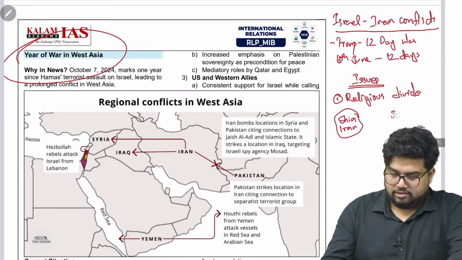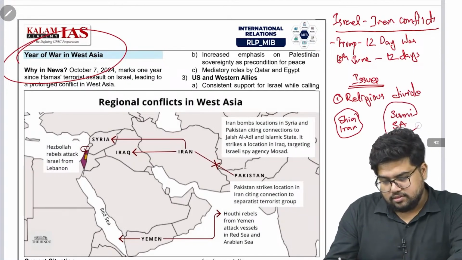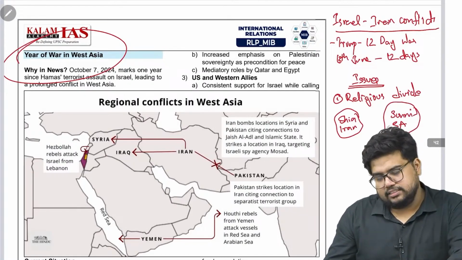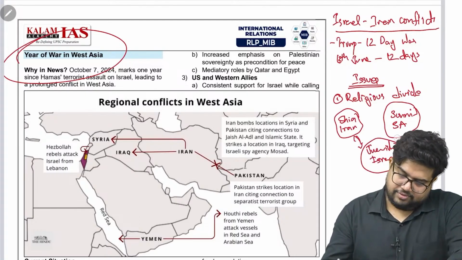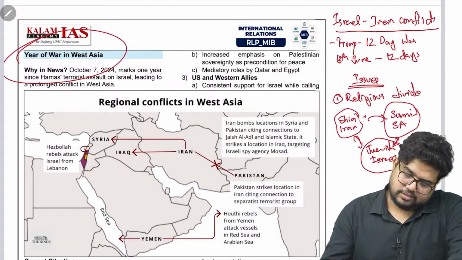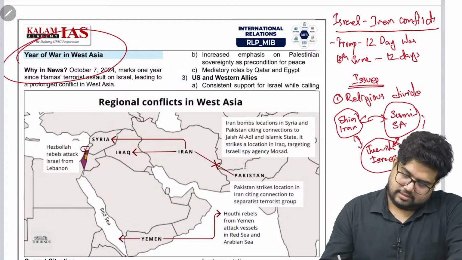On the other side we have the Sunni group, which is led by Saudi Arabia. And thirdly we have the Jewish state in West Asia, that is Israel. And there are infightings between these three groups.